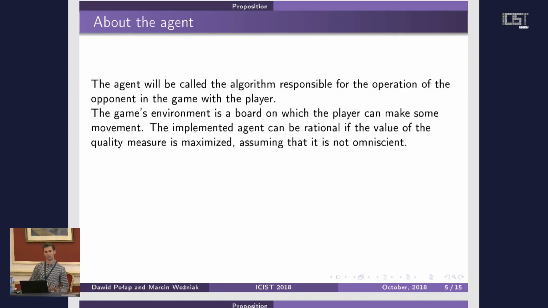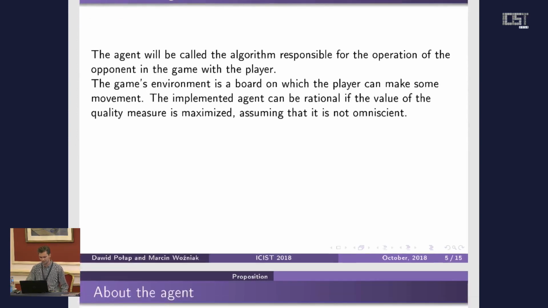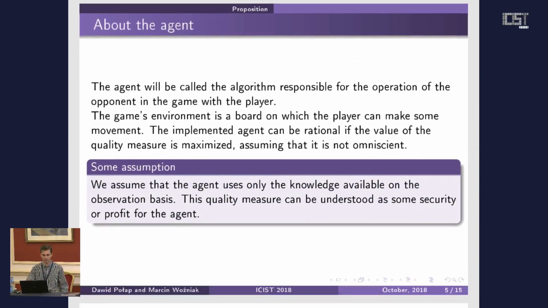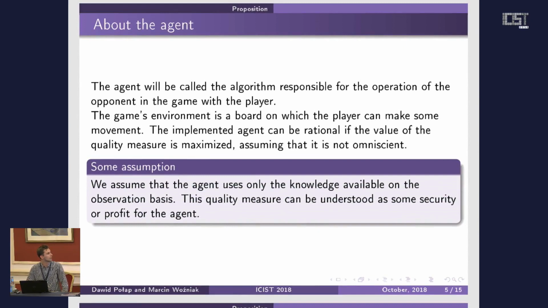And we assume that our algorithm can't know everything, so he won't be predicting the move of the player. That's why he will be called not omniscient. Another assumption is that our algorithm will make the move only on the basis of observation from the position where he is on the board.